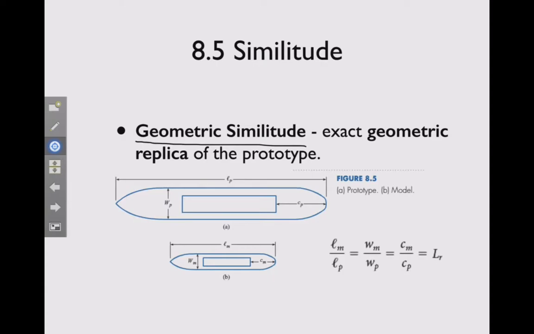In this case, it looks like a ship, and then we can make a direct connection between the length, the width, and this other dimension c, and the ratios of these dimensions between the model and the prototype all have to equal a constant value, so that it is truly an exact scaled down replica of the prototype.